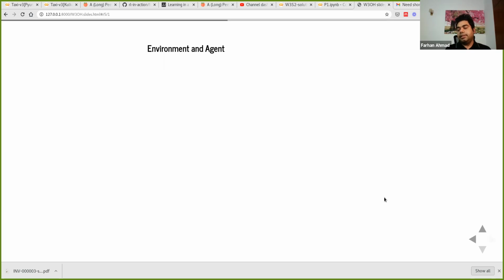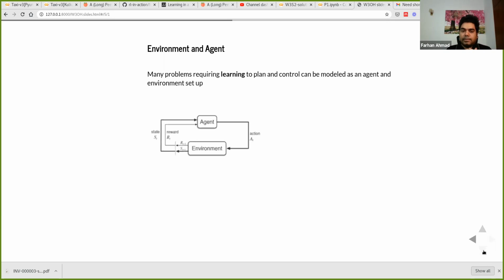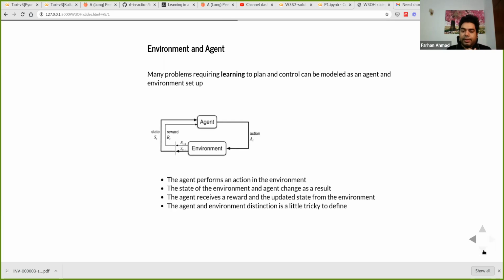So the agent is carrying out actions, and the environment and the agent have some sort of state. The state changes over time, and for every action you also get some sort of reward or penalty from the environment, right? We have seen this diagram.